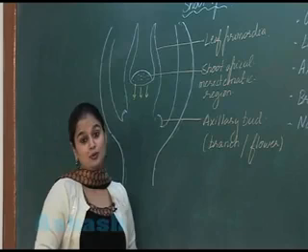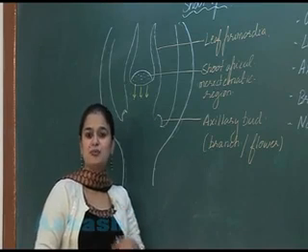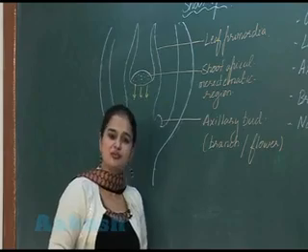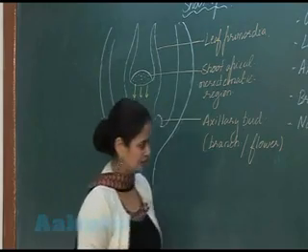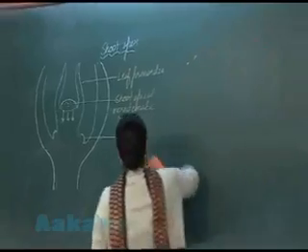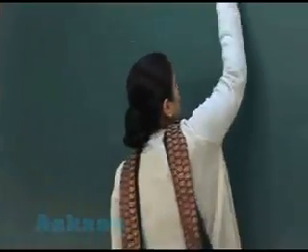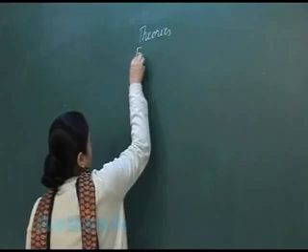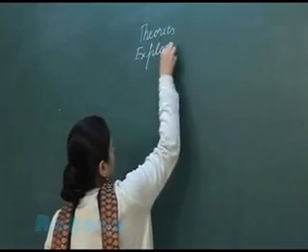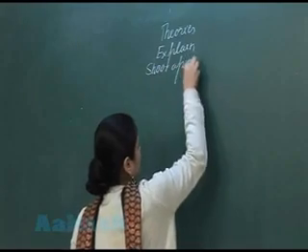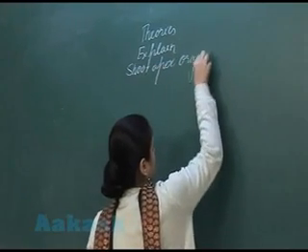Now we are going to deal with the shoot apex organization given by different scientists, right? So now we will deal with the different theories to explain shoot apex organization.